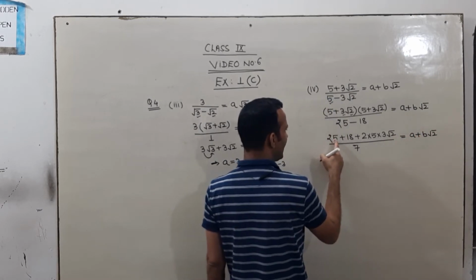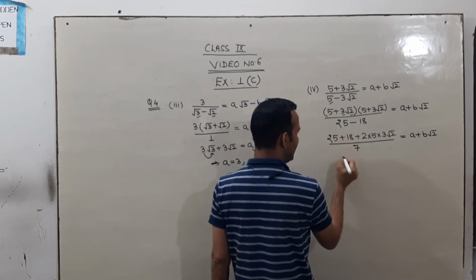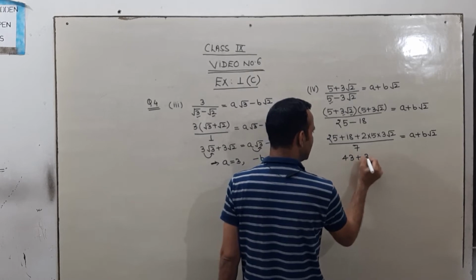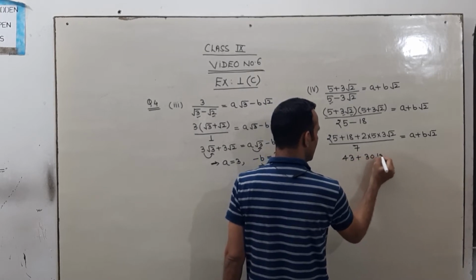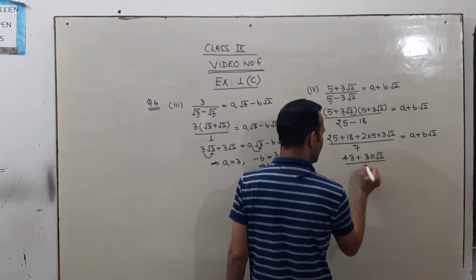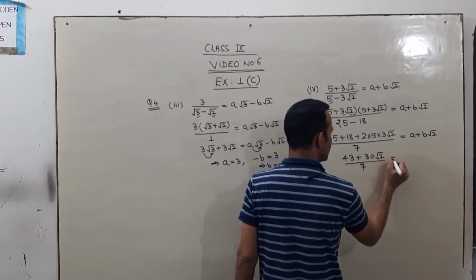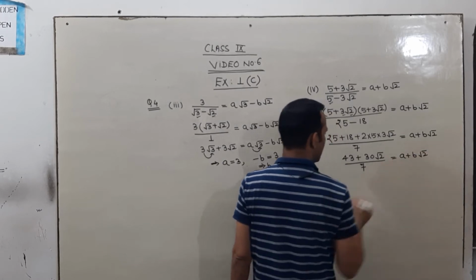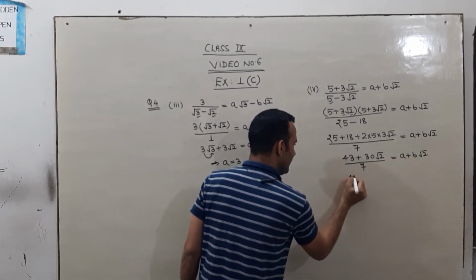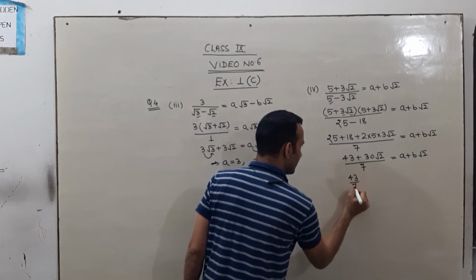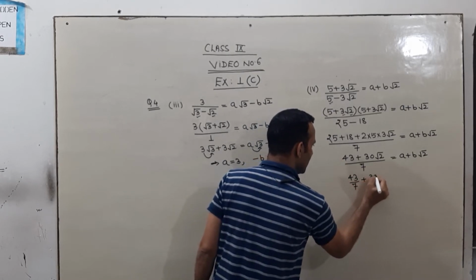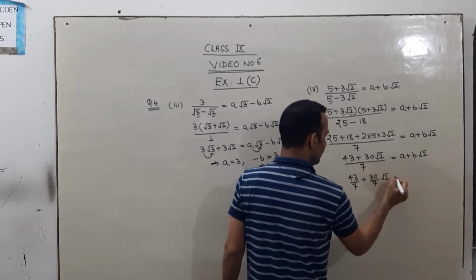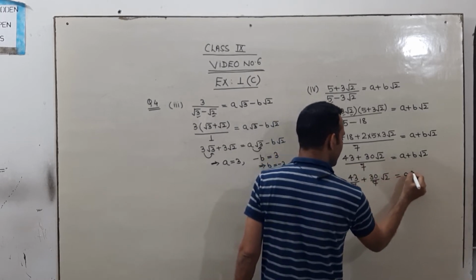This is what? 25 plus 18 is 43, plus 2 5s are 10, 10 times 3 is 30 times root 2, and the whole portion is divided by 7. We can write it as 43 upon 7 plus 30 upon 7 into root 2, which is equal to a plus b times root 2.